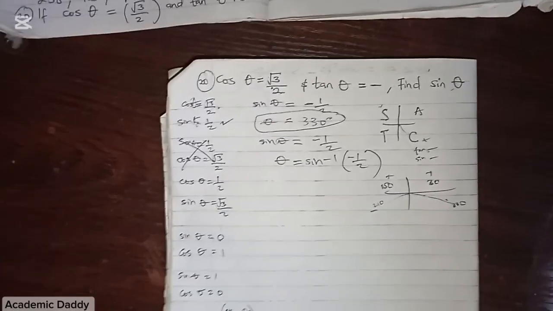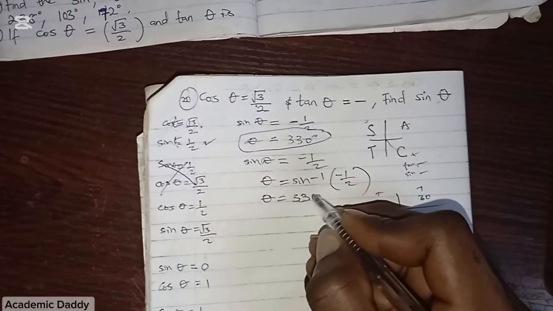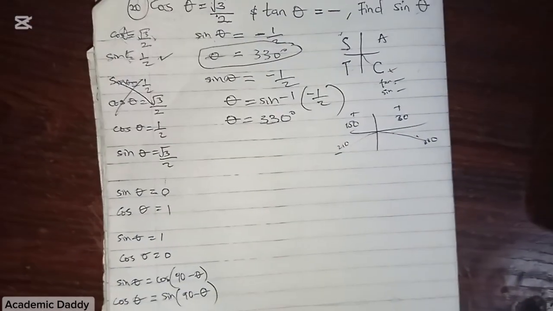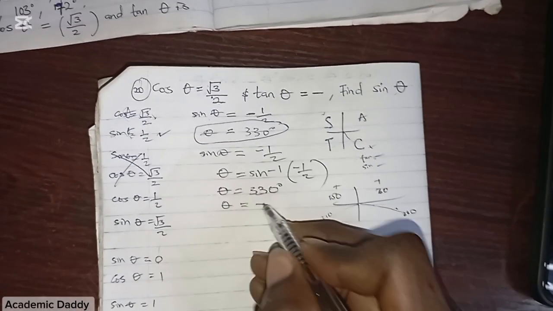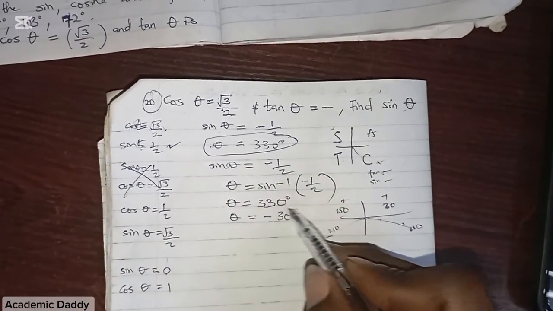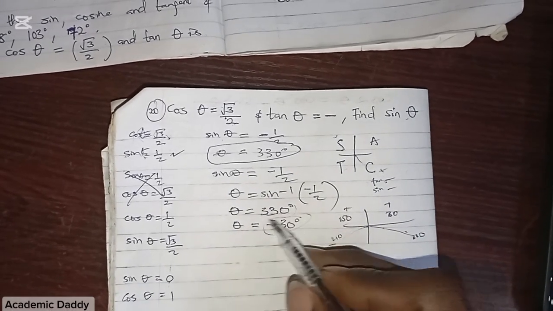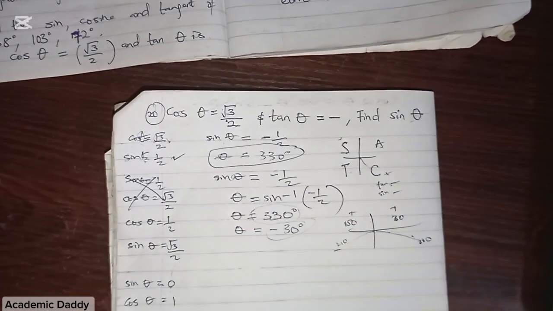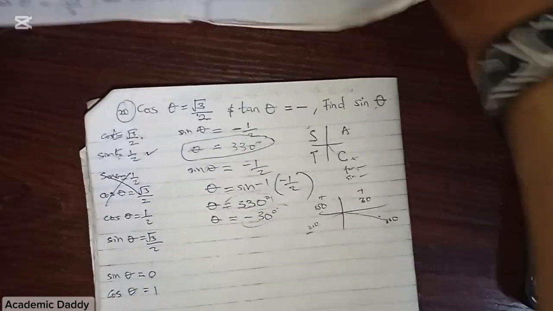So you get theta equals minus 30 degrees. And minus 30 degrees in the fourth quadrant is equal to 330 degrees. So go and check my video when we started.